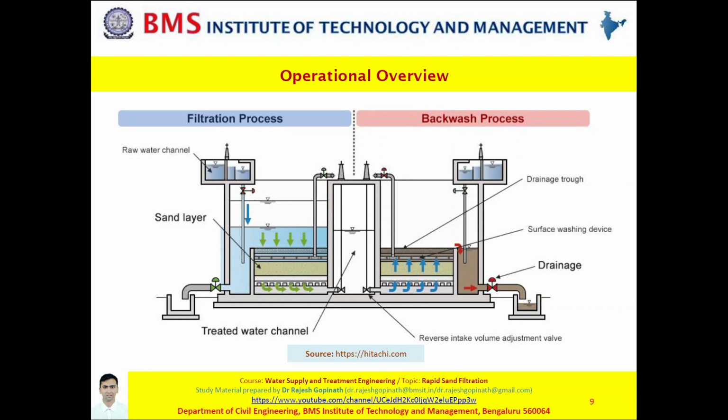Now, if you observe carefully slide number 9, there is something called a wash water trough. Also, it contains an apparatus which is meant to supply air during the backwash operation, that is, air compressors. Let's move further.